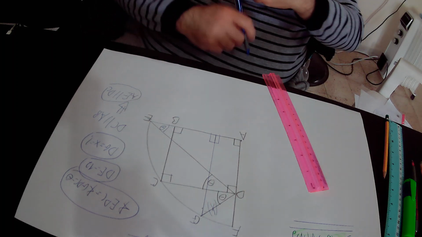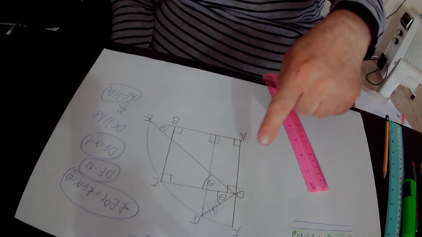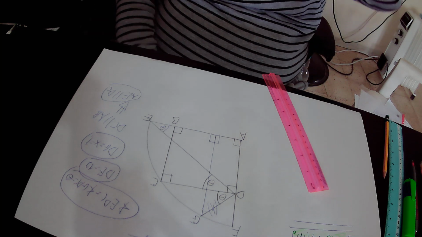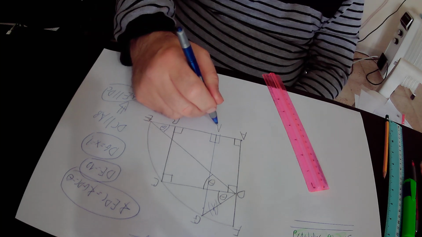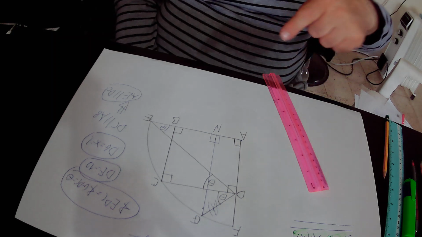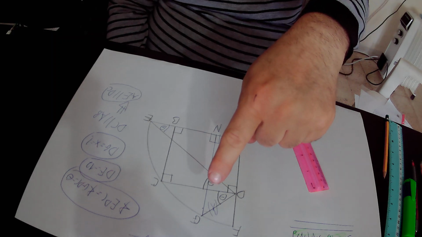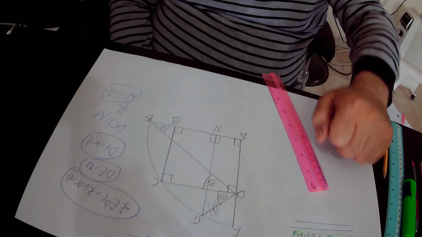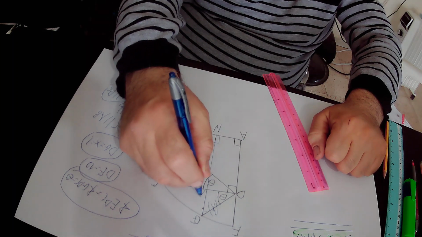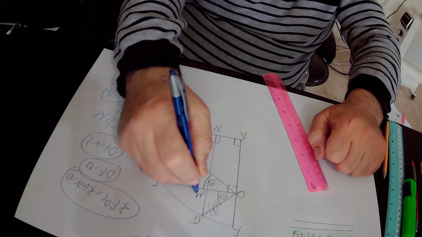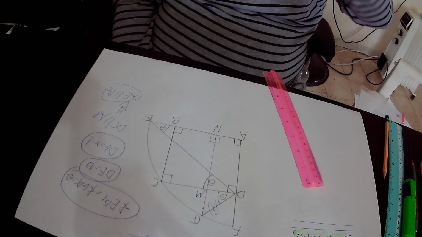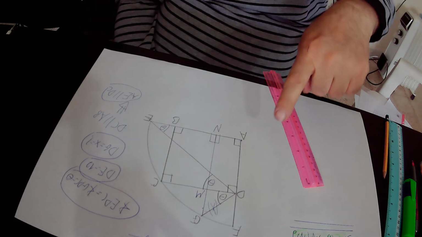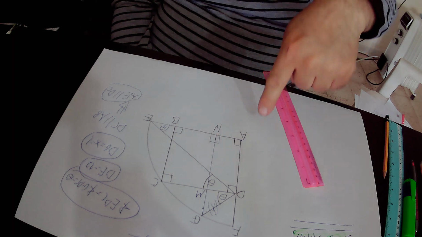We define the touching point of the perpendicular from point G and AB as N. We define the intersection point between perpendicular GN and side DC of the square as M.